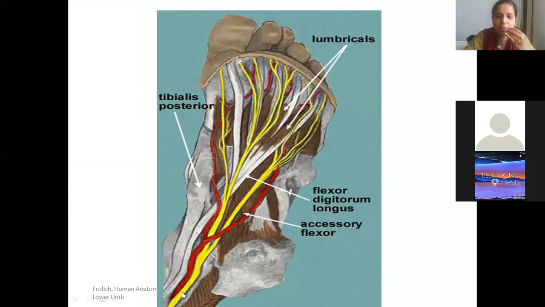What is this nerve, Imad? Which one, ma'am? This one. The tibial nerve. What is the name of this nerve? Medial plantar nerve. Very good. What is the name of this nerve? Lateral plantar nerve. What is the name of this artery?